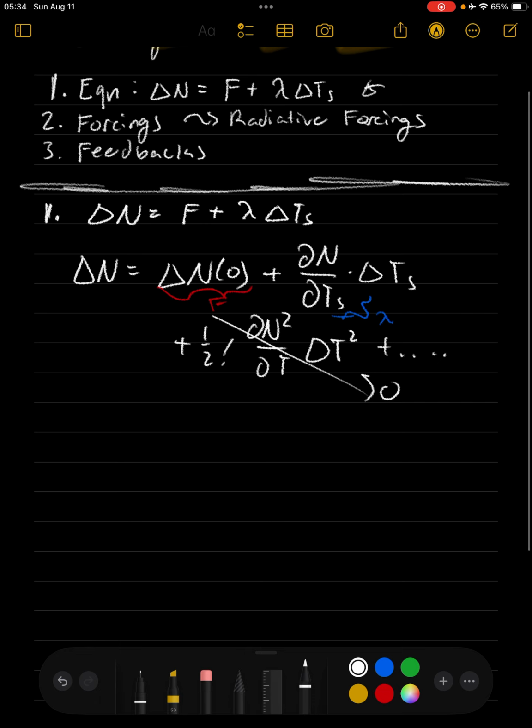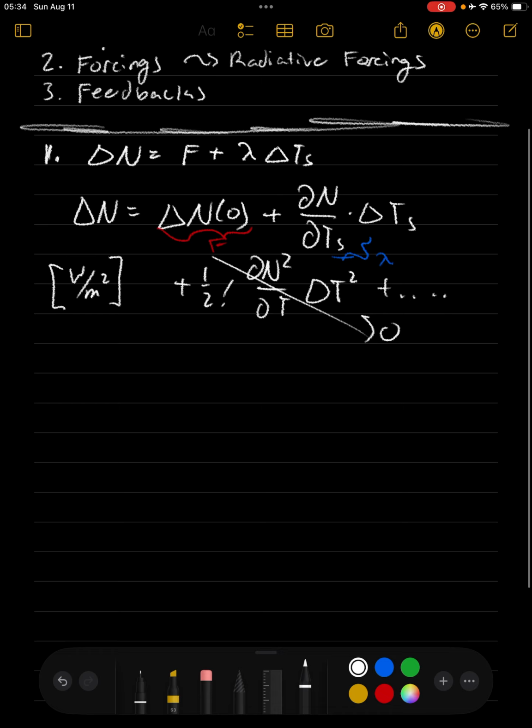The unit for this is normally watts per meter squared, so looking at the energy flux with this, and as I said before, this is normally used within climate physics because we're looking at energy discrepancies and energy balance.